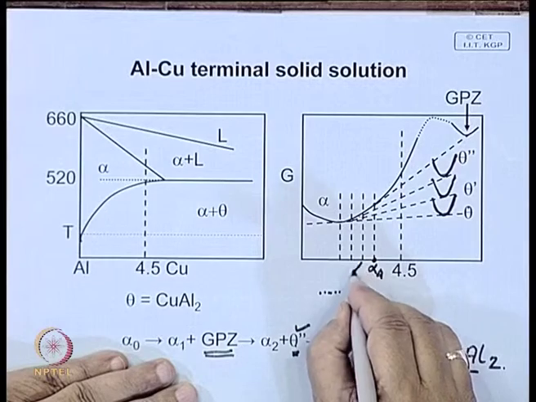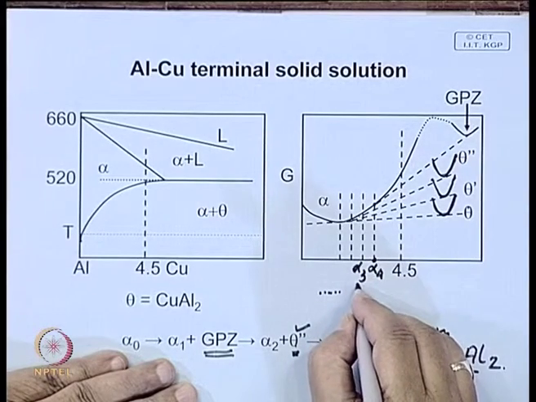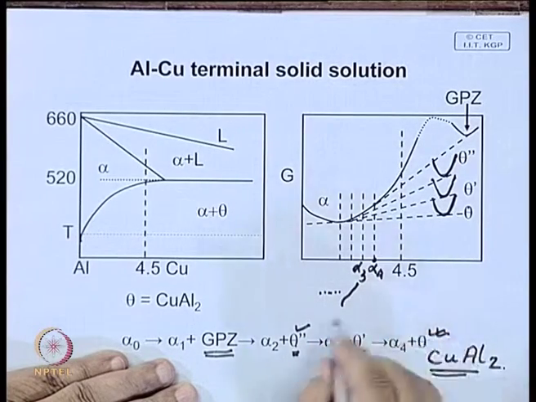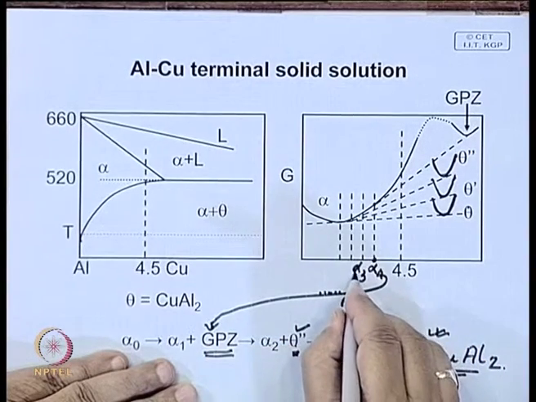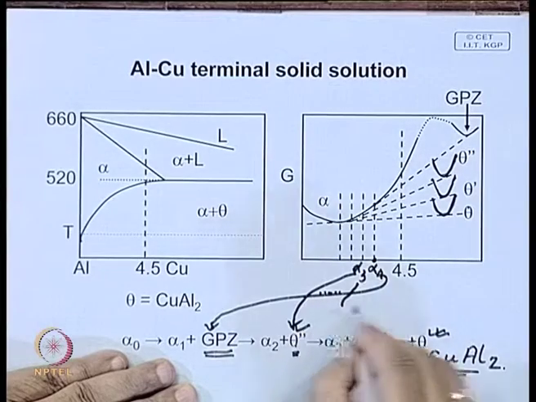Next is alpha 3. Alpha 4 is the GP zone, this is alpha 3.